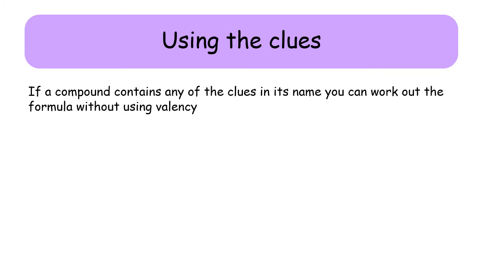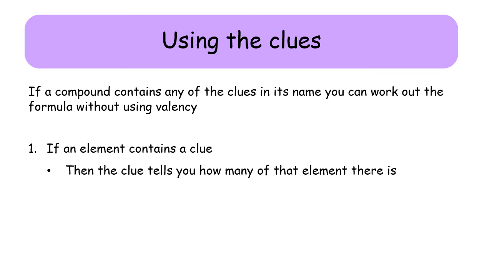So we're going to see how to use these. So if a compound contains any of those clue words in the name, you can work out the formula without using the valency. So if an element contains a clue, like di, tri, tetra, that clue tells you how many there are of that element. Now the clue comes before the name of the element, but the number has to be written small and to the right of that element.